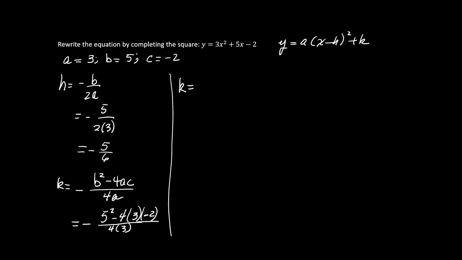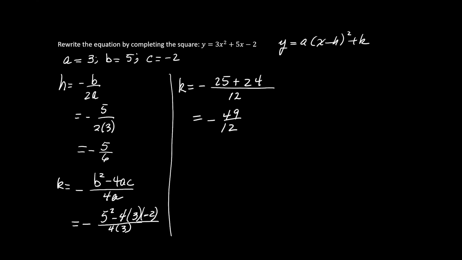So k equals negative, denominator I get a 12, numerator I get a 25. The negative with the 4 and the negative 2 leaves me with a plus. 4 times 3 is 12, 12 times 2 is 24. And this here is negative 49 over 12. That is what I have for k.